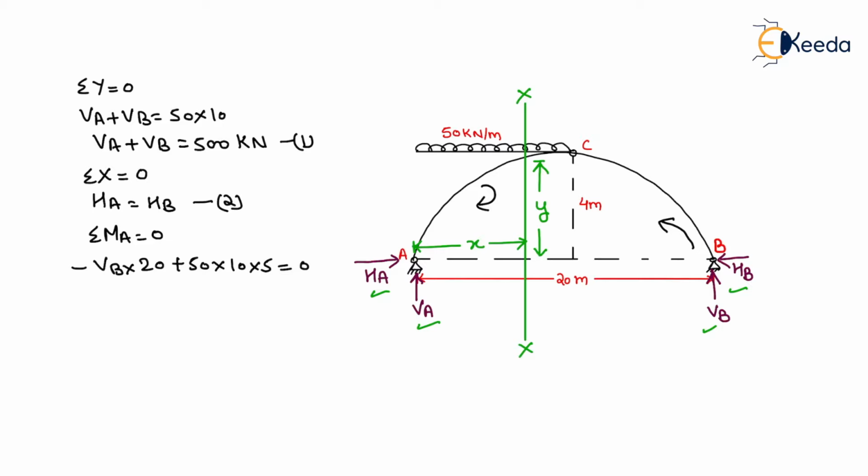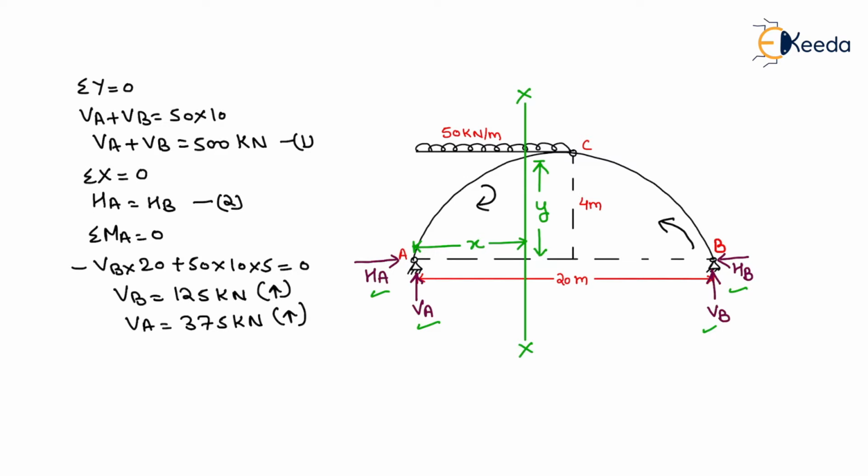On solving this, we get the value of VB equal to 125 kilonewton, acting in the upward direction. Now from the first equation, we determine the value of VA as 375 kilonewton. It will also act in the upward direction.